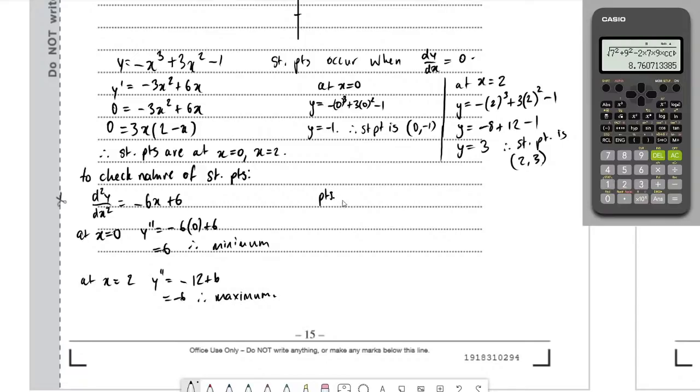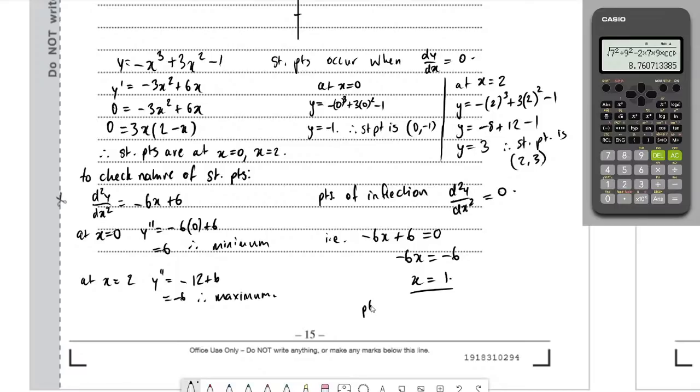Now for points of inflection, that is when my second derivative with respect to x is equal to 0. Or in other words, when minus 6x plus 6 is equal to 0. Just solving this equation, we get minus 6x is equal to minus 6, x is equal to 1.